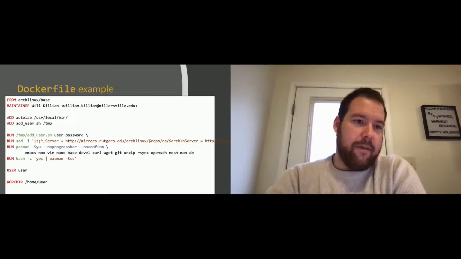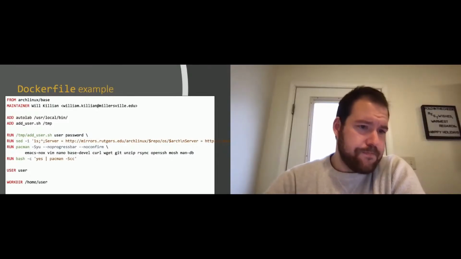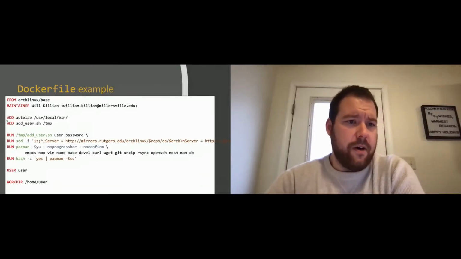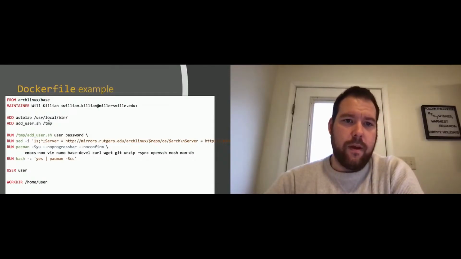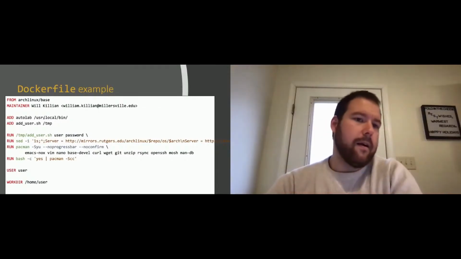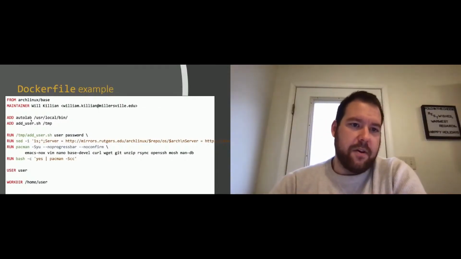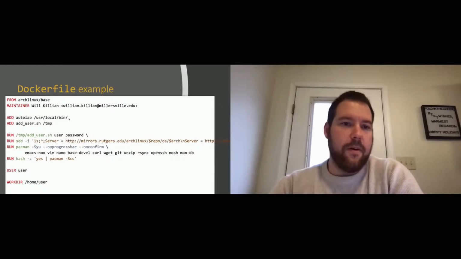And we have a few commands here. So first, we have this add command. Now, add is going to take a file that's stored locally on your machine and copy it over to the container. And so we have this Autolab executable that we're going to copy over.